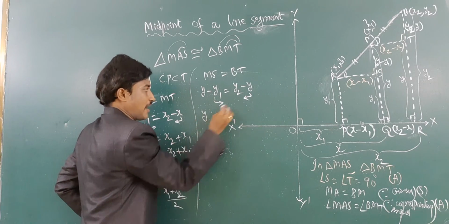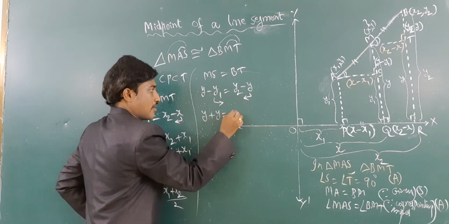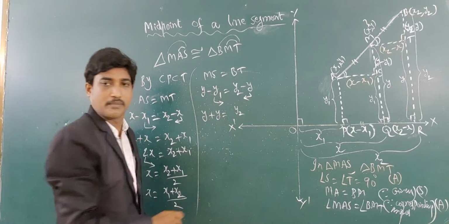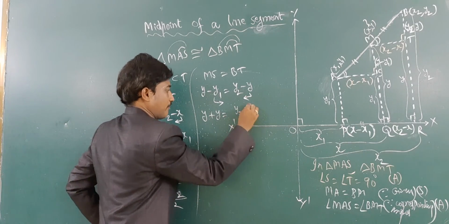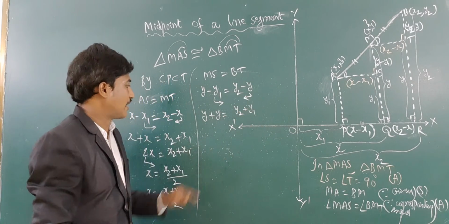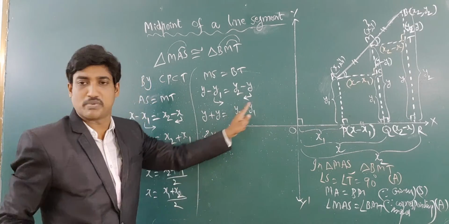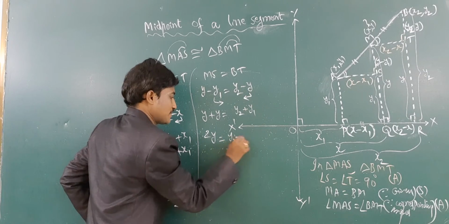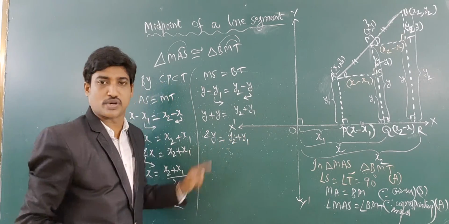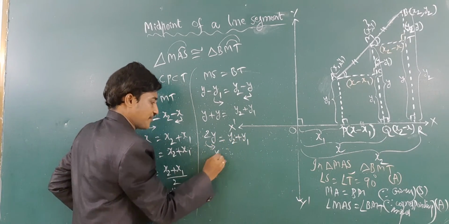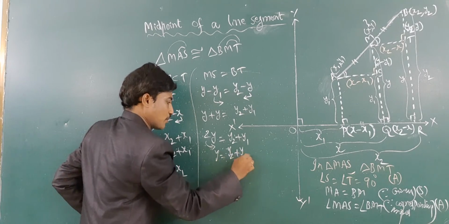So y plus y is 2y, that is equal to y2 plus y1. Transposing 2 to the right side, y is equal to (y2 plus y1) by 2.